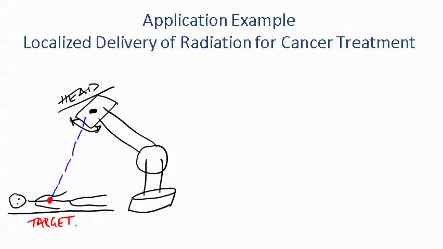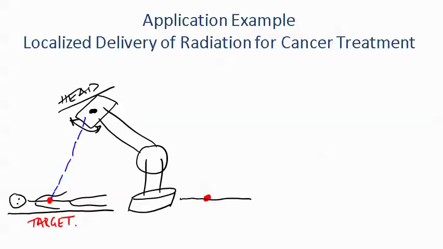We are not going to show the person, we're not going to show much, but let's show the target, which is the cancer. Actually, let's draw it down here. Here is the cancer.